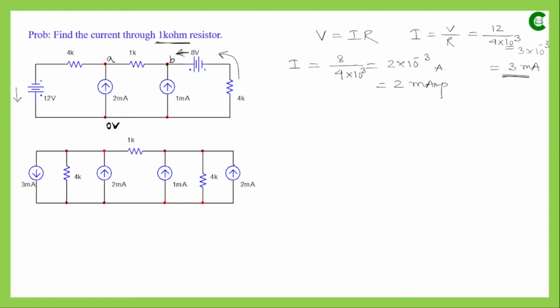So that's why the direction of this current source is upward, and the value is 2 milliampere that we have already got by applying Ohm's law. And again this resistor will be connected in parallel with this current source, so that's how it is connected.